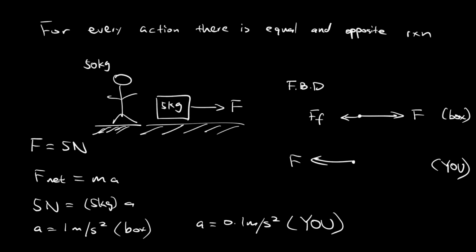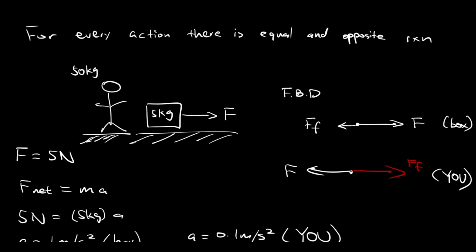The equal and opposite reaction force by the box is still there. The reason you don't move is because of your foot and the ground, right? The friction force this way is opposing this equal and opposite force exerted by the box, quoting Newton's third law.